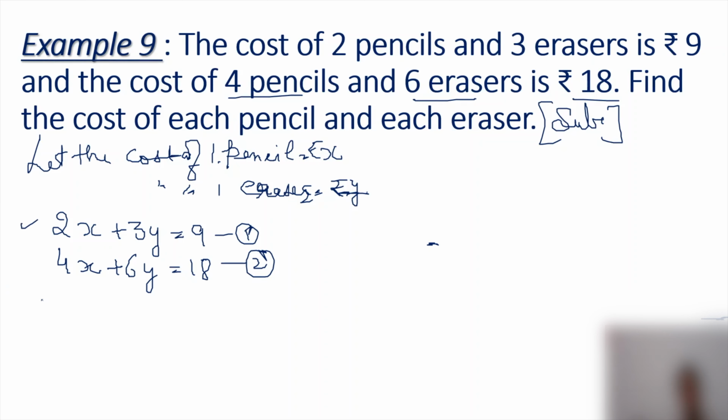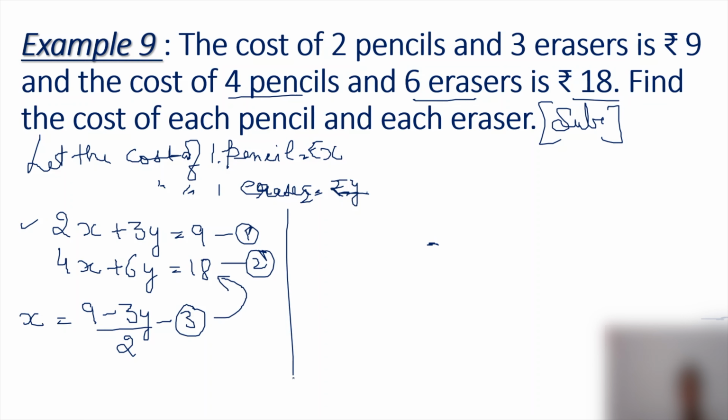From first equation, we are finding the value of x. We will be getting x is equal to 9 minus 3y divided by 2. Now put this equation number 3 in equation number 2. We will be getting 4 into 9 minus 3y divided by 2 plus 6y is equal to 18.